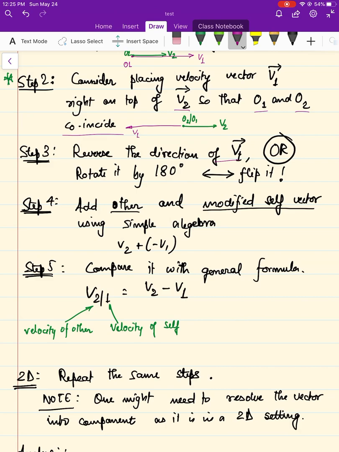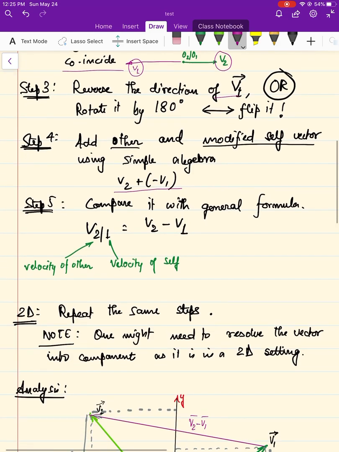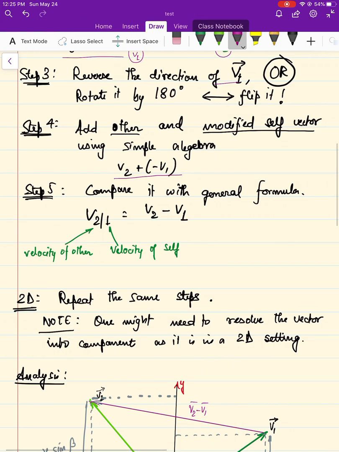From this step I just add vectors v2 and v1, and this is what I have, v2 plus of minus v1. I'm not even changing sign. I'm not doing any other operation. This is basic addition because we are in a linear dimension. We need not bother about any trigonometric artifacts from what we have done so far.